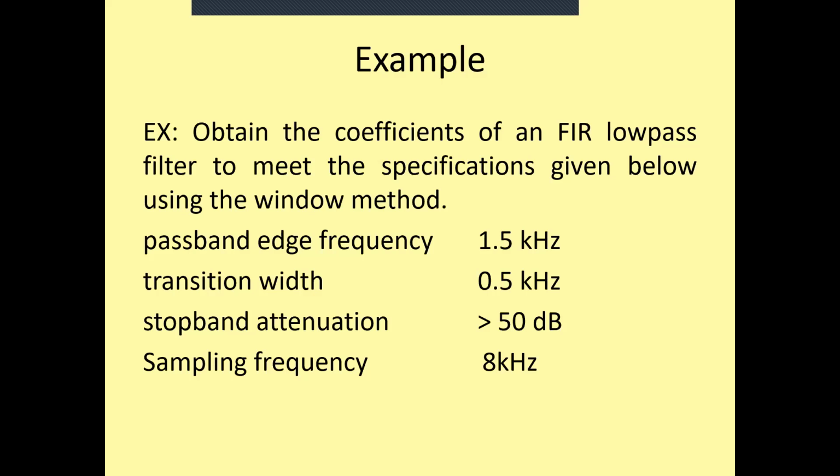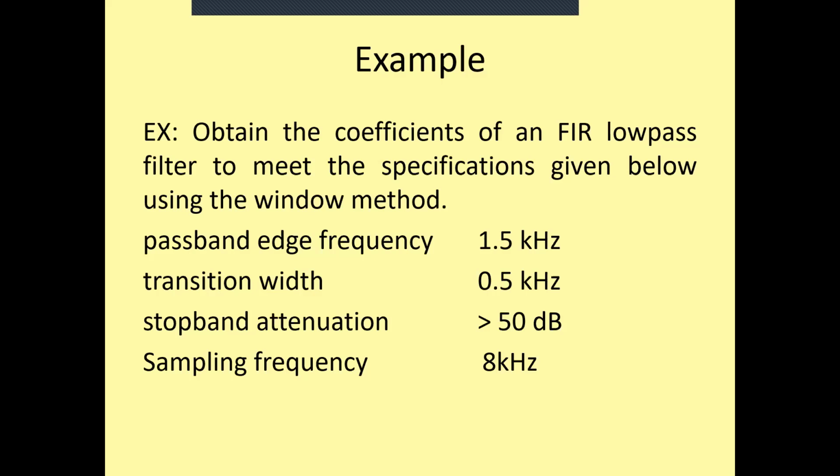Example, so FP is given by 1.5 kilohertz. Now, the transition width is equal to 0.5 kilohertz.